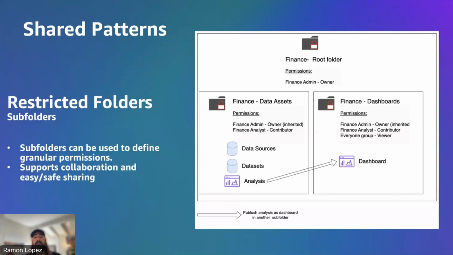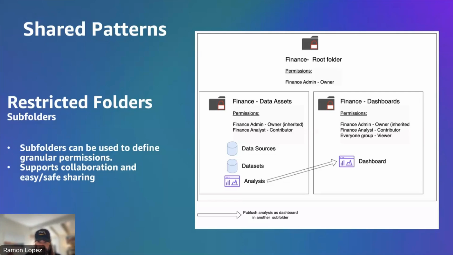And then you have an additional permission on this folder for the finance analyst, and they are a contributor permission. This means that they are able to create data sources, create data sets, and create analysis within this folder. This also means that they're able to publish an analysis to a different folder.